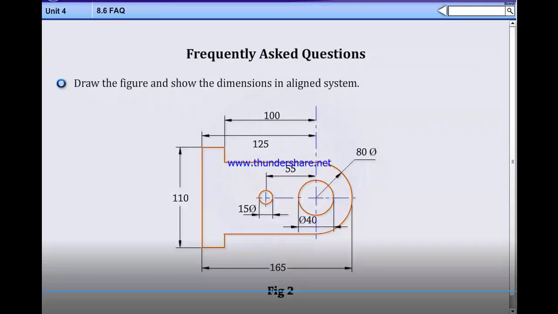First you draw the given figure as it is, and then while placing the dimensions you have to follow the dimensioning rules, the aligned system of dimensions, as we drew and discussed in the previous examples.